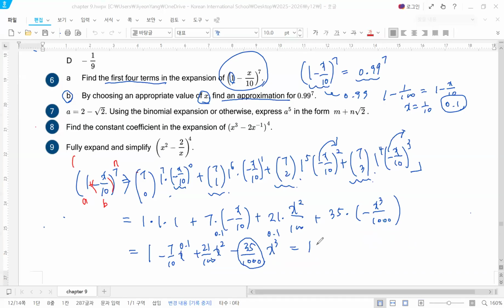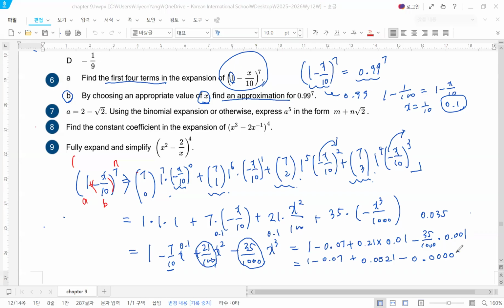And then it's going to be 1 minus 0.7 times 0.1, which is 0.07, plus 0.21 times 0.1 squared, 0.01, minus 35 over 1,000 times 0.001, which is 1 minus 0.07 plus 0.0021 minus 0.000035.